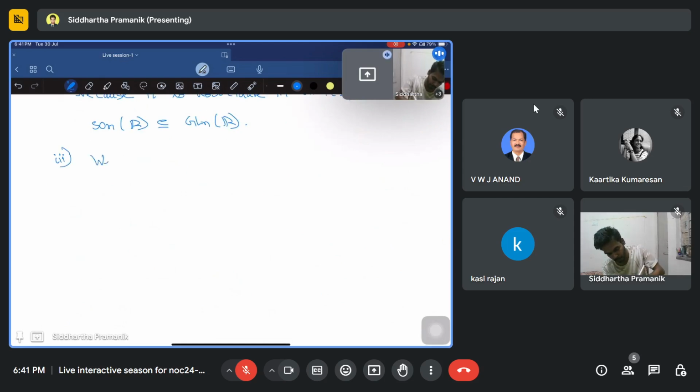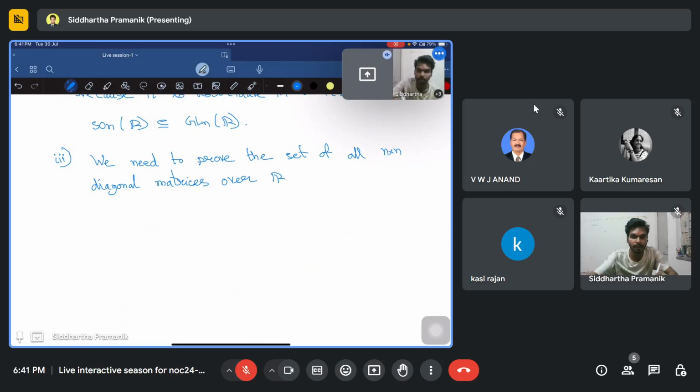So we need to prove the set of all n by n diagonal matrices over R, meaning whose entries are real numbers, forms a group under matrix multiplication.